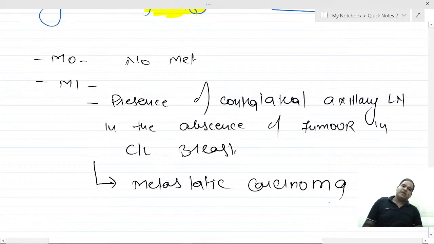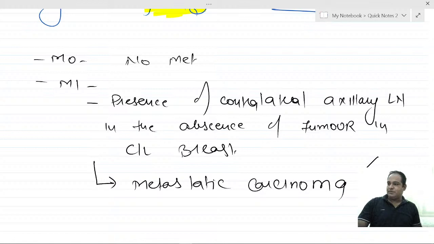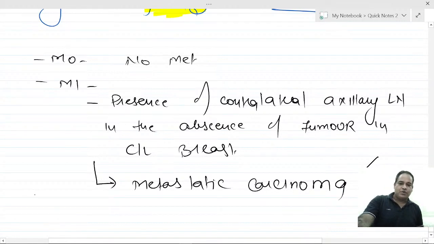Right? So I believe this was your staging. This much staging, if you can remember, I believe it's okay.